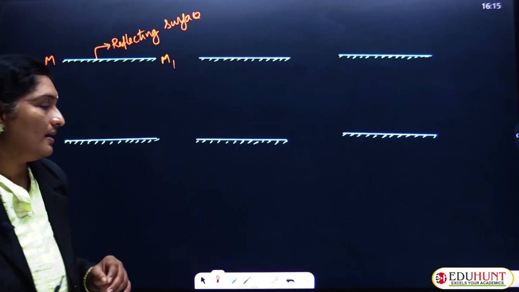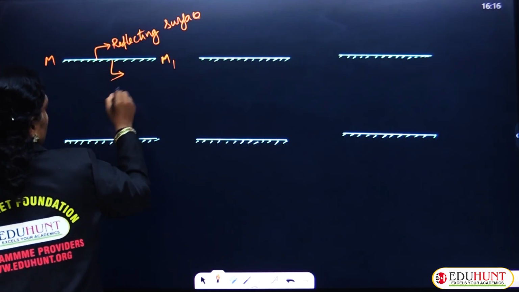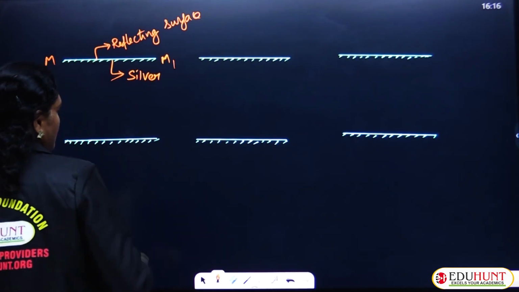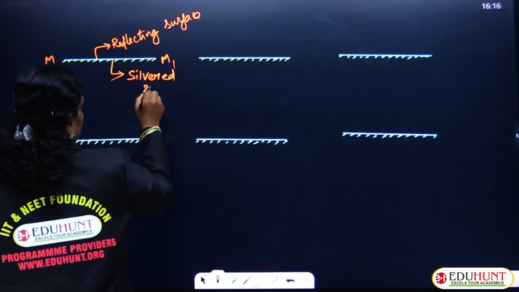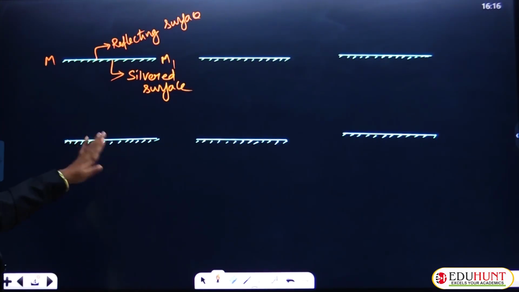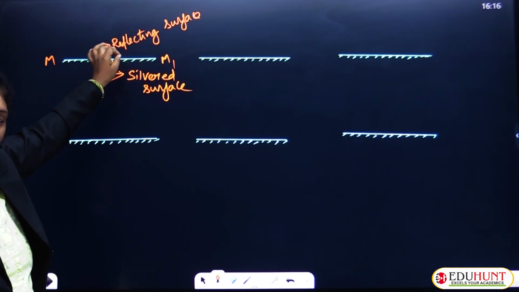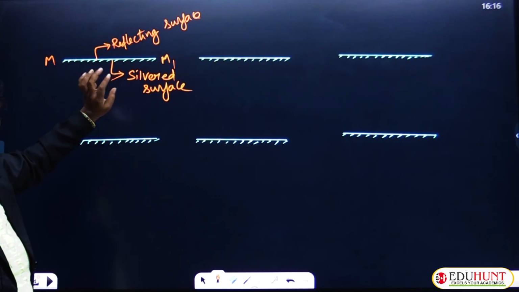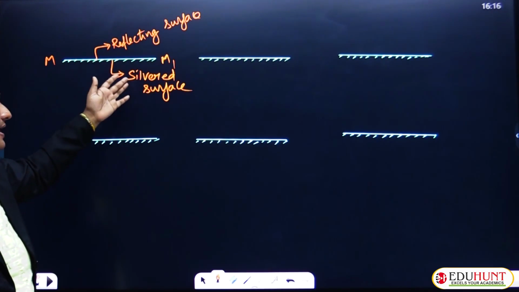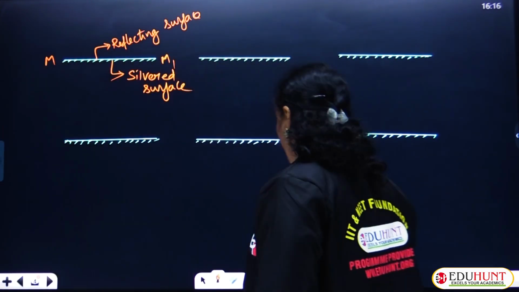So that surface is the secondary one, called the silvered surface. Two different surfaces: front and back. The front is the reflecting surface, which always reflects the light falling on it, and the back portion coated with silver is the silvered surface.